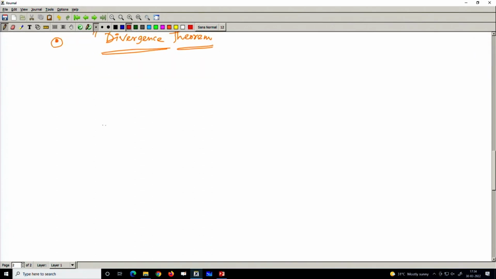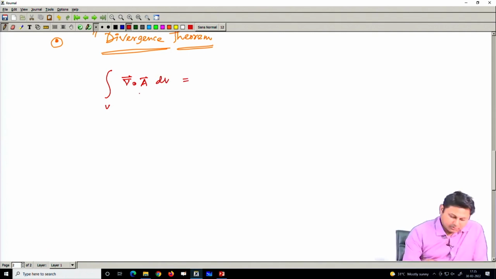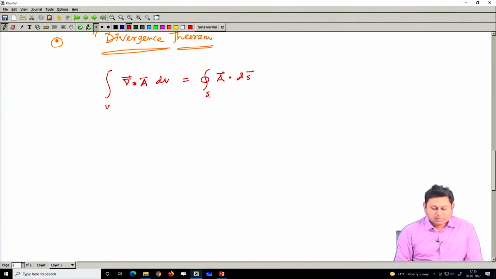The statement of this theorem is like that: if I have a volume integral of the divergence of A, then that value is the total flux over the surface that is enclosing the entire volume.